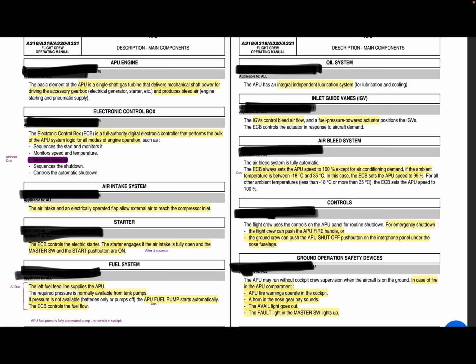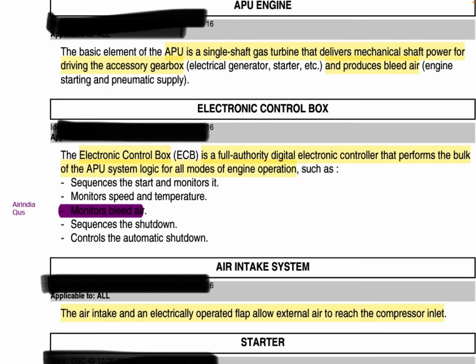There are a lot of questions that bleed air of APU is controlled by ECB, not the FADEC, and not any other computer used for bleed monitoring and bleed supply. What else does ECB do? It sequences the start of APU and it monitors it. It sequences the shutdown. It monitors speed and temperature and obviously monitors the bleed air.